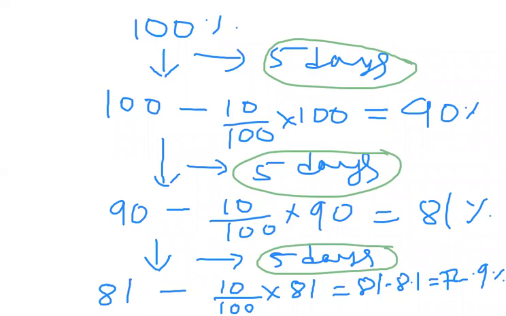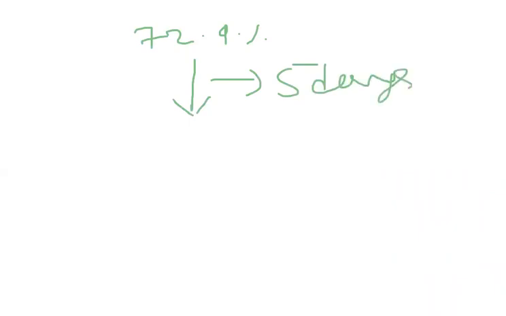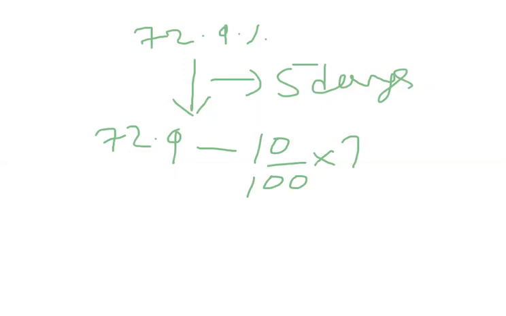Next 5 days, what will happen? In this 72.9%, 10% of 72.9 is 7.29.